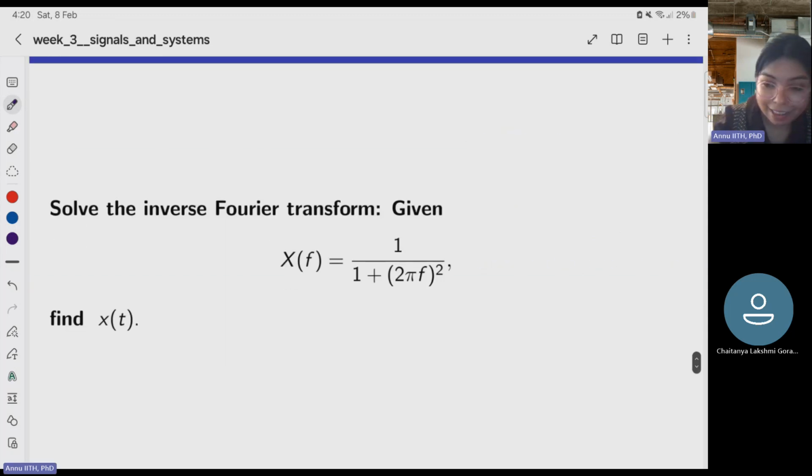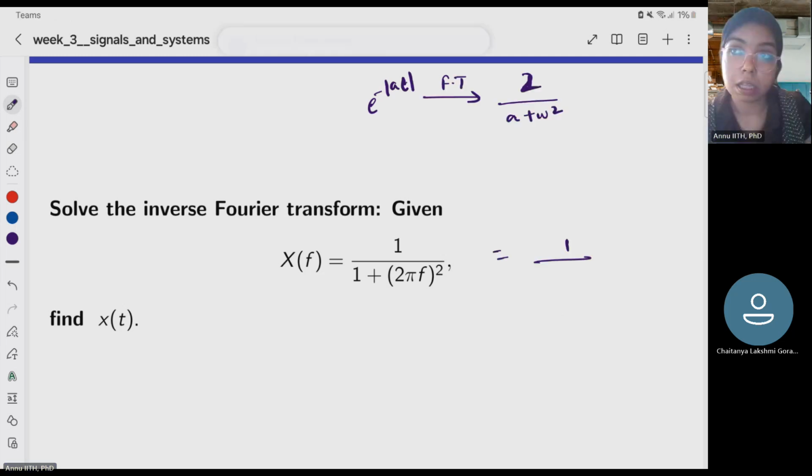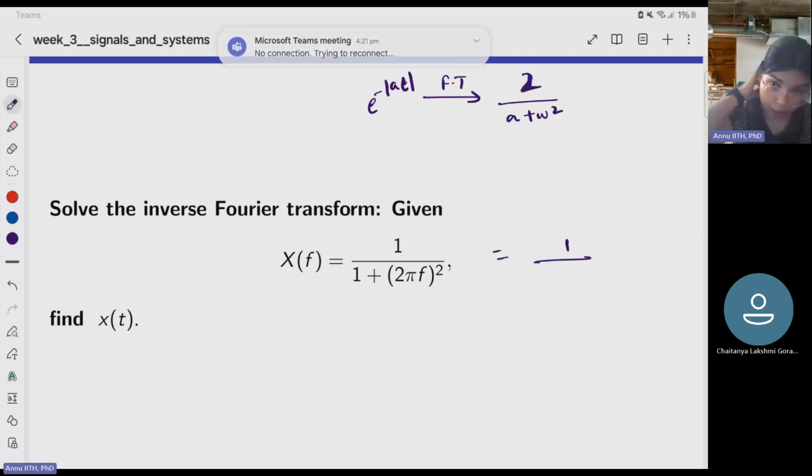Now, very interesting to know. As we know, e to the power minus a t. My internet connection is going again and again.